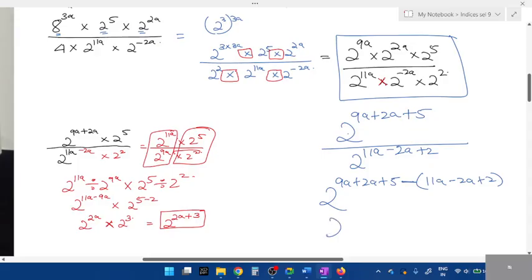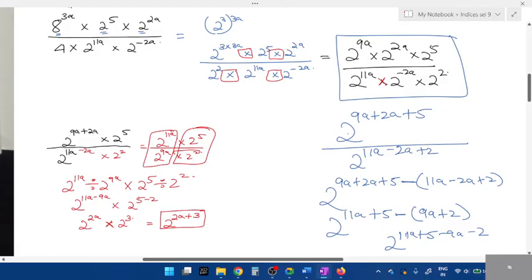Now let me open the bracket. What is 9a plus 2a? 11a plus 5 minus in bracket. What is 11 minus 2? 9a plus. Next, 11a plus 5. If you open the bracket, what do you get, students? Minus 9a, minus into plus, minus 2.